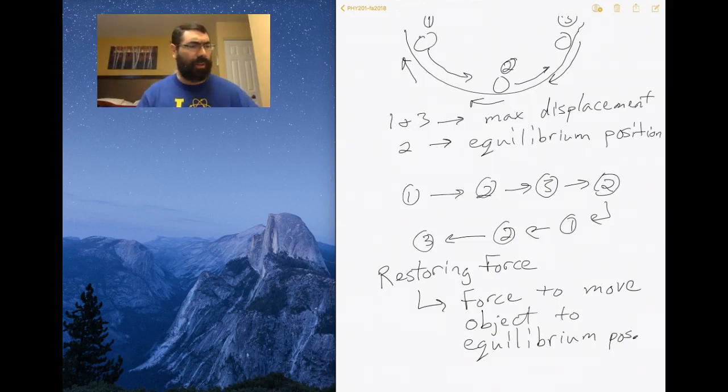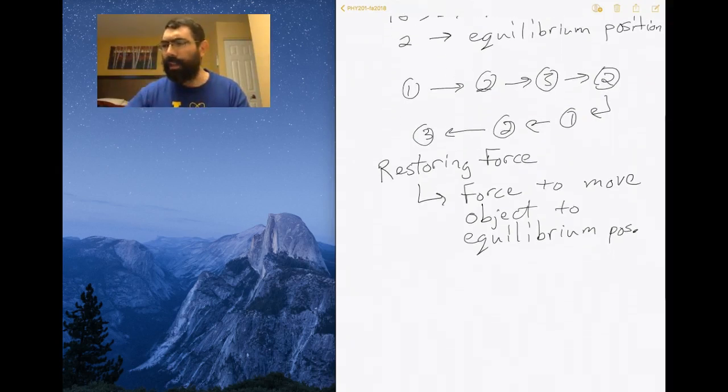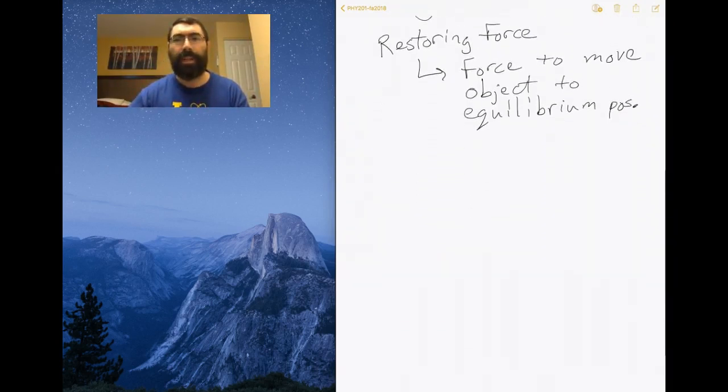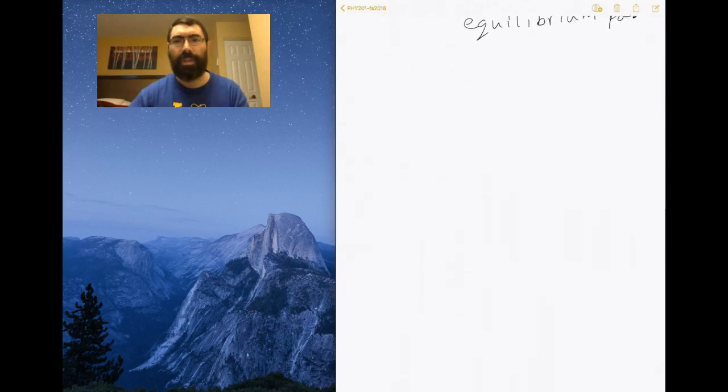So we can try and quantify this a little more and look at the time. What is the time that it takes to go from position 1, then to position 2, and then to position 3, and then back to position 2?